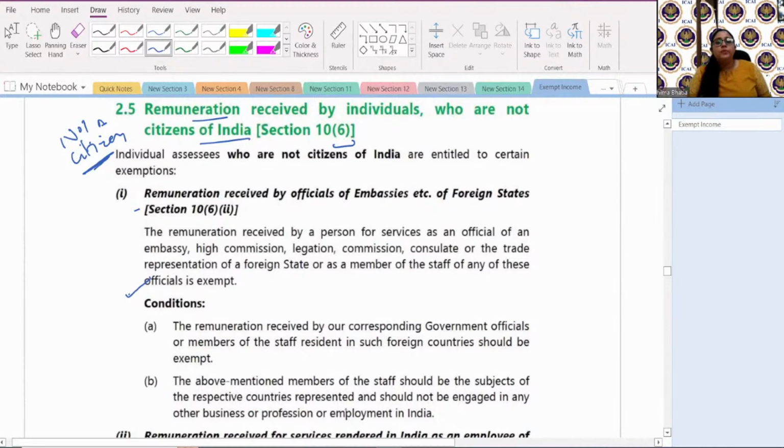Number 2, the diplomats are only engaged in the diplomacy work. They're not engaged in any profession or business or employment in India. They come here only for the purpose of the High Commission. Then only the remuneration received by such foreign diplomats who are not citizens of India, who are working in embassies in India, would be exempt. The 2 conditions have to be fulfilled.